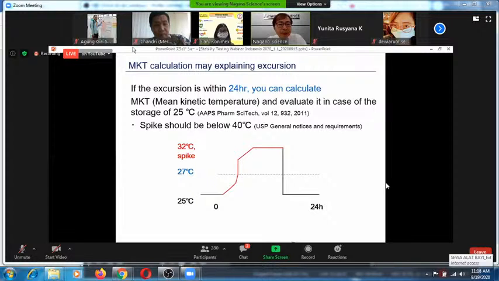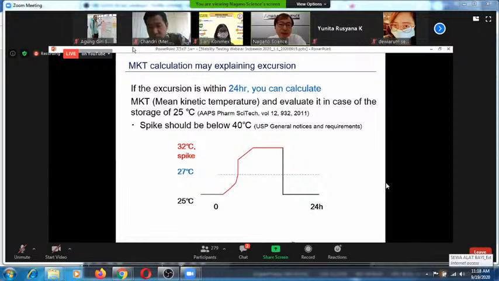If the excursion is within 24 hours, you can calculate MKT and evaluate the effect. In the case of 25 degrees storage, when the spike is 32 degrees for 10 hours, let's say, you can calculate the MKT, and the result is, for example, 26 degrees.